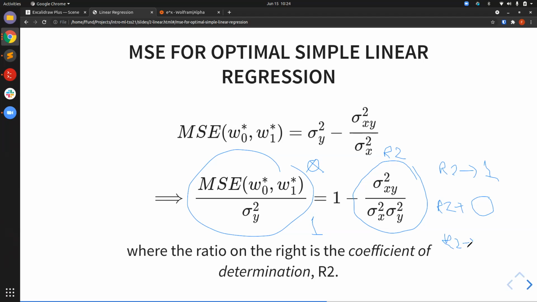What will R squared be then? So let's say this ratio becomes greater than 1. Can I have a negative R squared? Okay, so as my model becomes worse than prediction by mean, R squared can actually be negative.